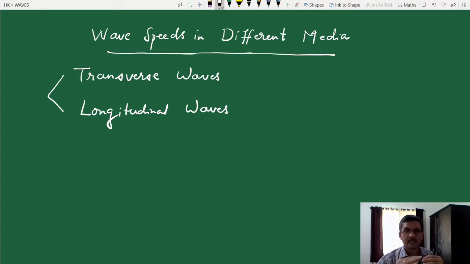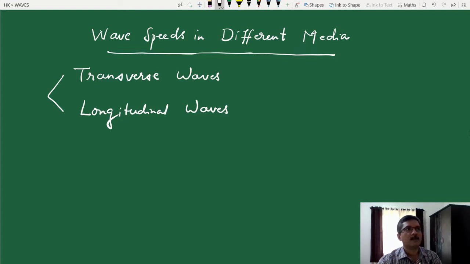If the direction of propagation of the wave is perpendicular to the vibrations of particles, for example, particles of the medium vibrate in the y direction and the wave is propagating along the x direction, then such a wave is called a transverse wave.